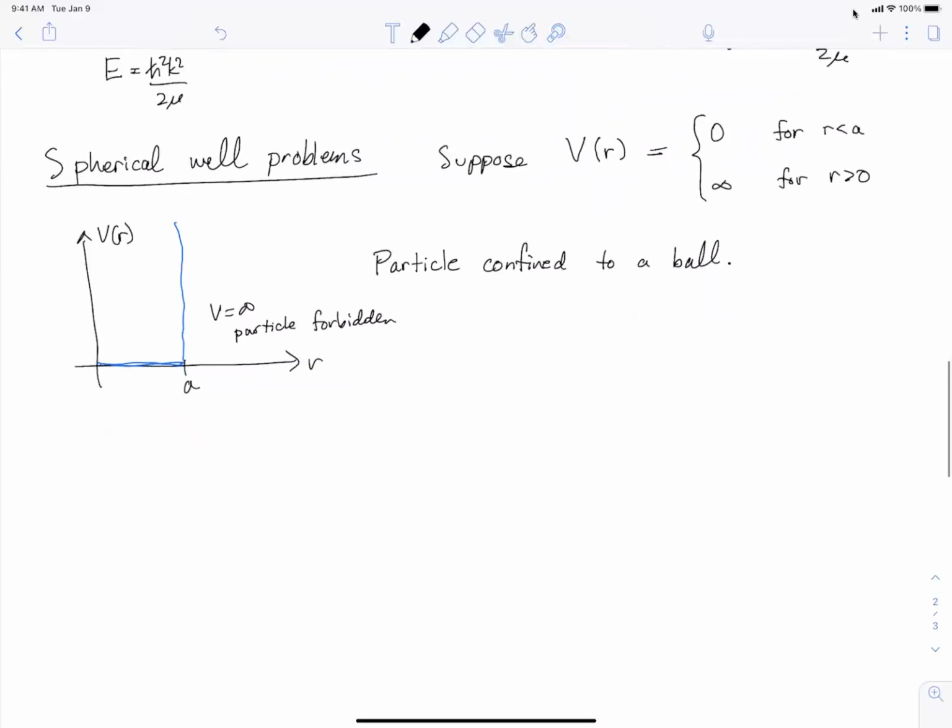And inside the ball, for r less than a, the particle is obeying the same exact equations as a free particle. That's good because since we know the free particle solution, we'll be able to write down the answer.